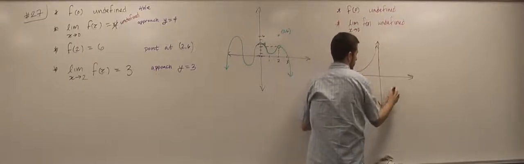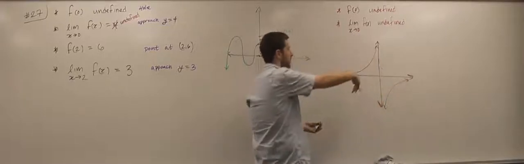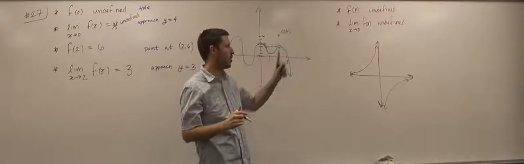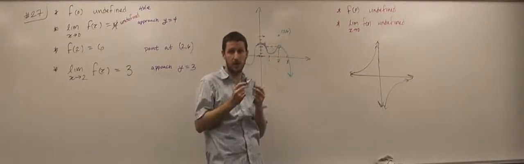This guy works. Certainly f of 0 is undefined because you never reach the vertical asymptote, and the limit's also undefined because you're going in different directions, so you're never going to approach a single y value.